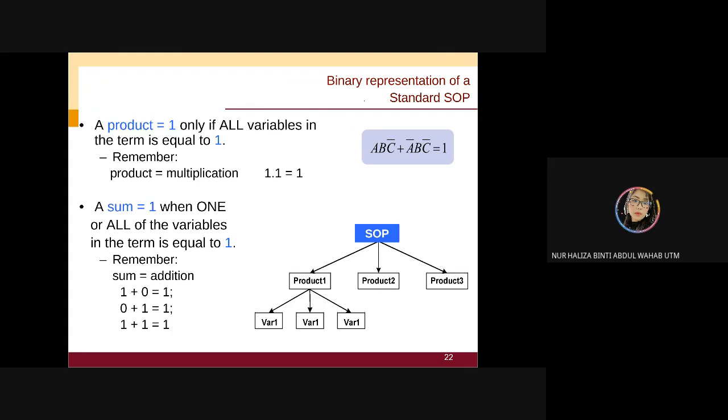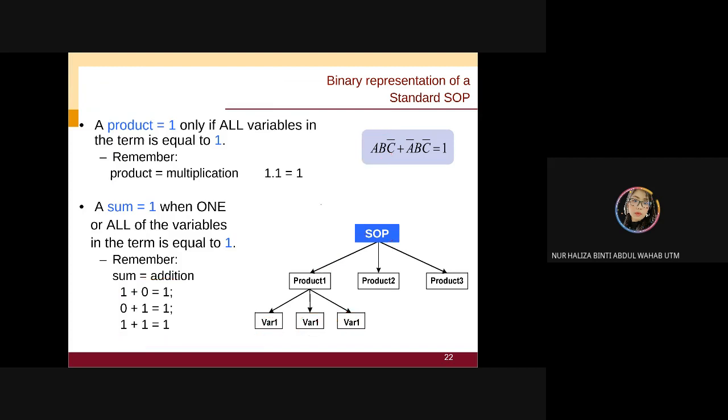So let's take a look how. Please remember the sum equals addition: 1 plus 0 is equal to 1, 0 plus 1 you will get 1, 1 plus 1 you will get 1. And for SOP, you're going to divide into products. This is a product. Inside the product, you're going to have several variables.